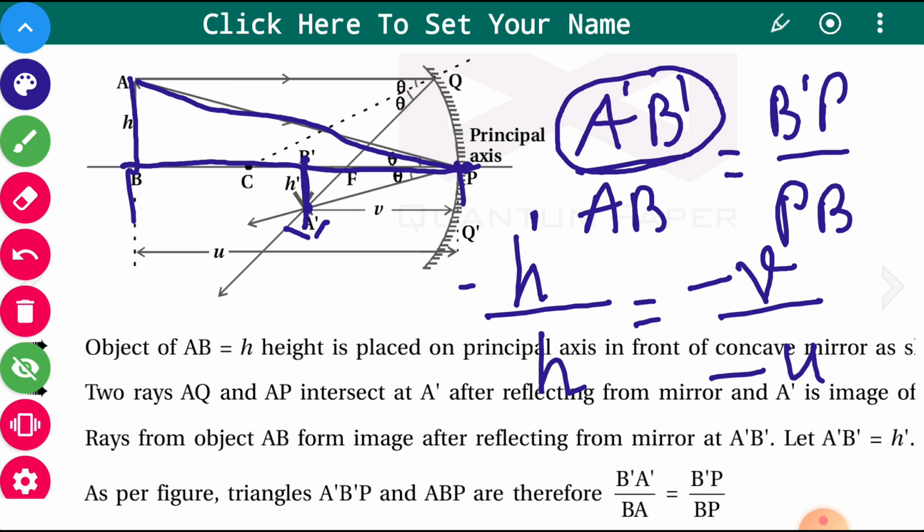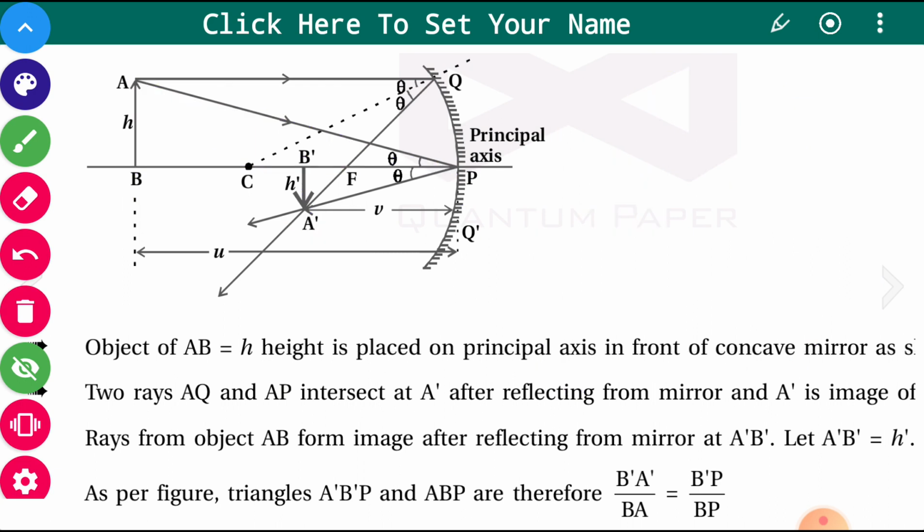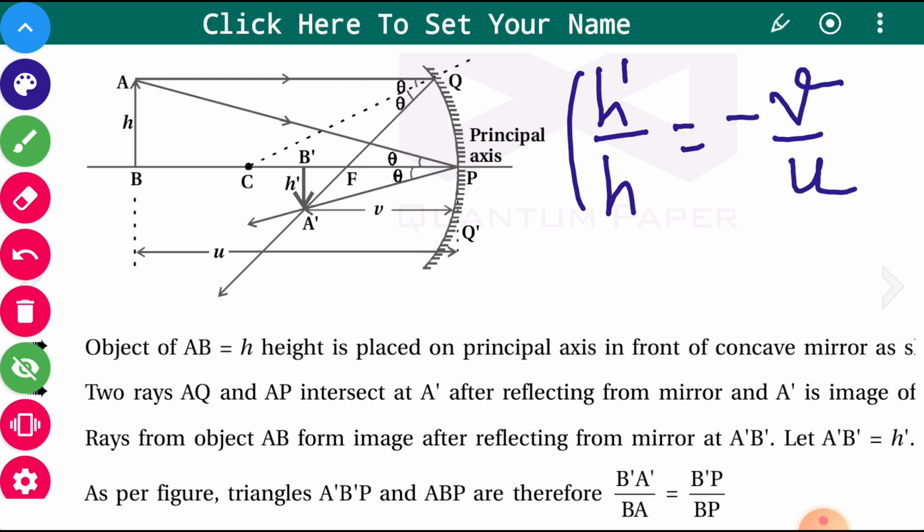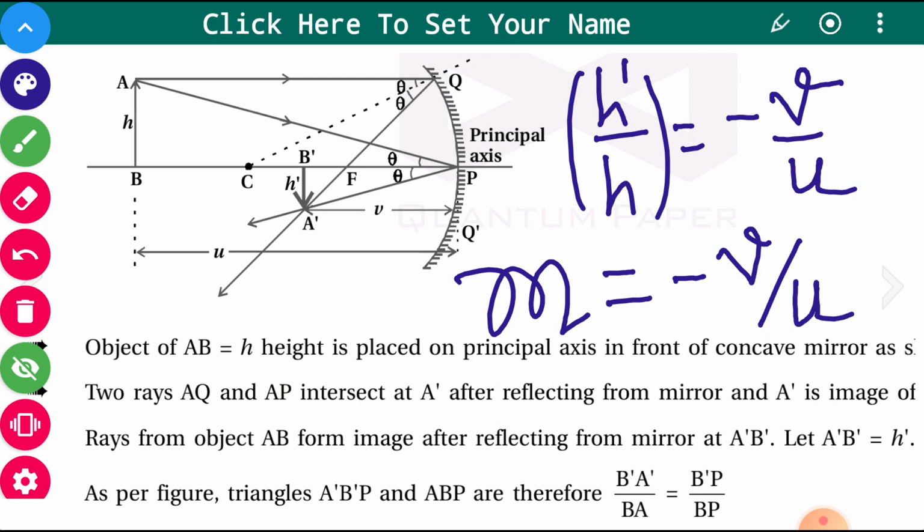So H prime upon H is minus V upon U, and H prime upon H is nothing but magnification. So magnification is equal to minus V upon U.